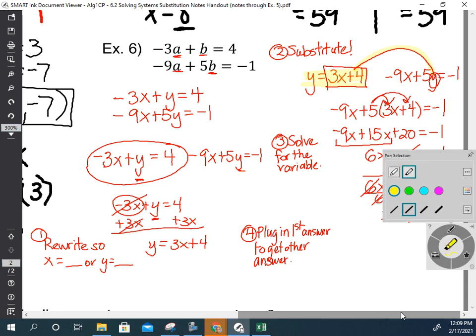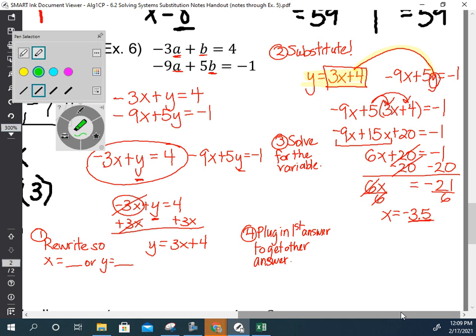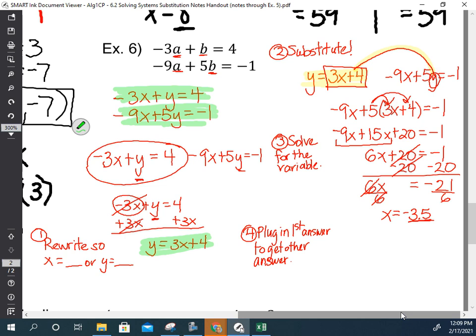We can take negative 3.5 and plug it into the two equations that we started with, or the one that we rewrote. It doesn't matter which one you pick, you just have to pick one. So I'm going to use y equals 3x plus 4. Why? Because I felt like it.